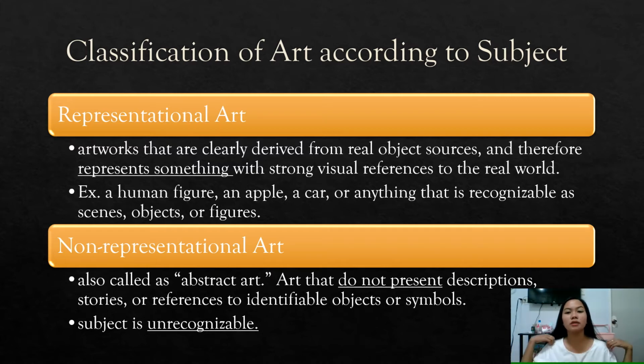So you cannot put a symbol on emotion man, no? So that's why they created this abstract art because emotion could be very chaotic, it could be very serene, and so on and so forth. So later on, I will show you a picture of representational arts and also non-representational arts.